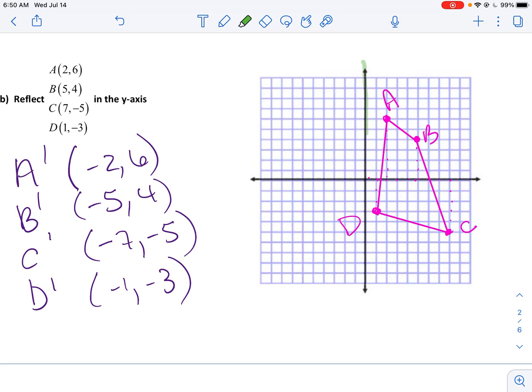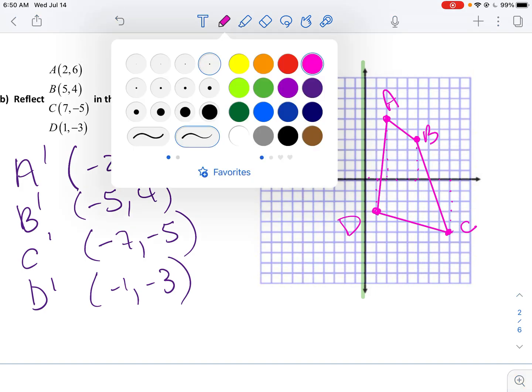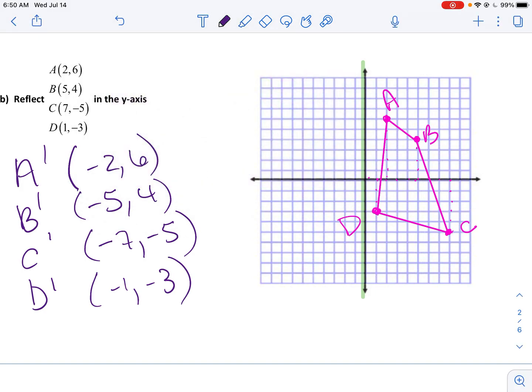So it's over the y-axis, so it's over this. So from the y-axis over, that's 2, so 1, 2. And that's A prime. And that's going to be at negative 2, 6. It's the same as what we found. Then this one is 5 away.